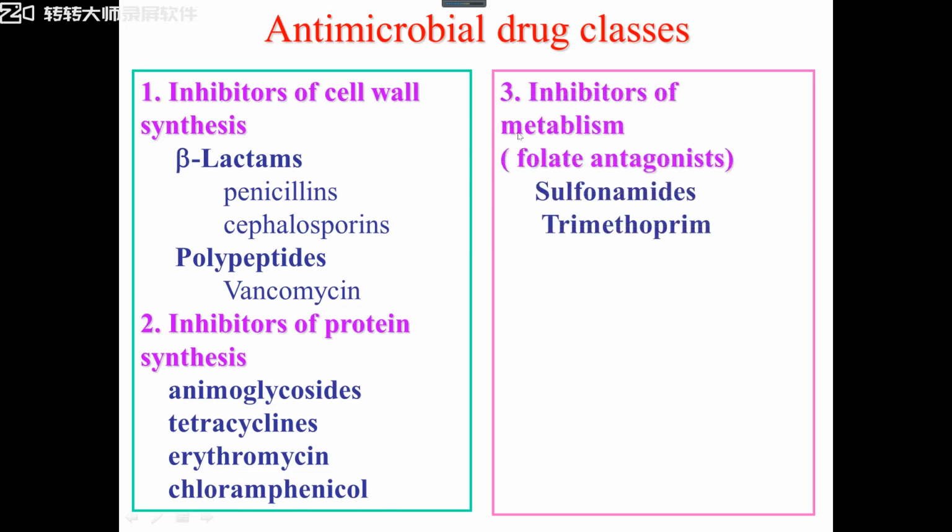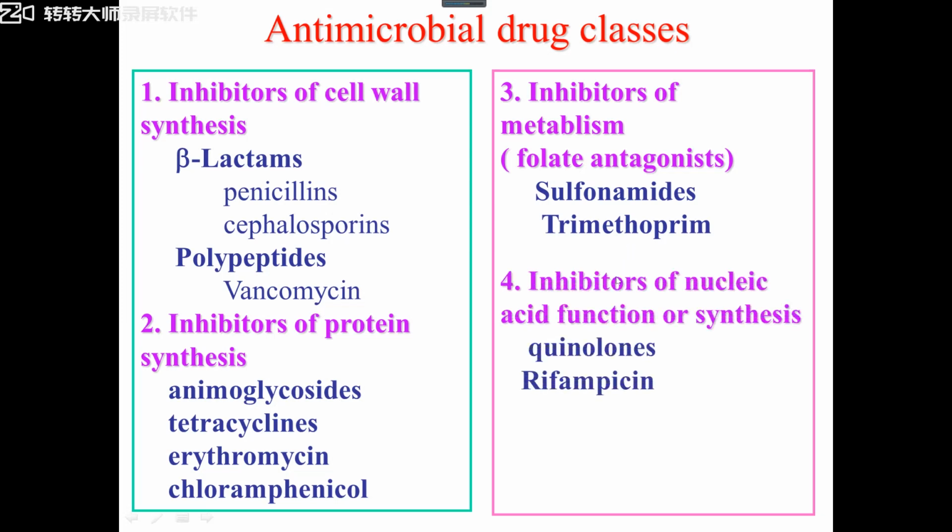The third category: inhibitors of folic acid synthesis, folate antagonists, sulfonamides and TMP, trimethoprim. The fourth kind: inhibitors of nucleic acid function or synthesis, quinolones and rifampicin.